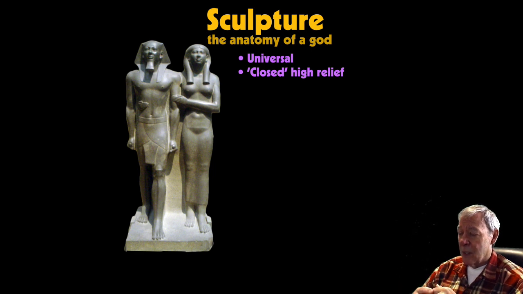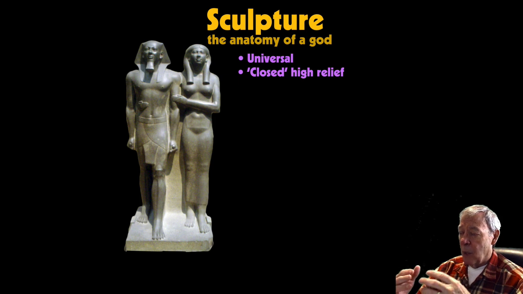Okay, so you can clearly see the block of stone between the two individuals, binding them into its matrix. And so this entire sculpture would have been created from a single block of granite and then carved away to reveal the figures still attached to that matrix of stone. So a closed high relief.